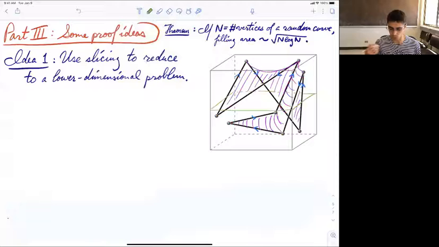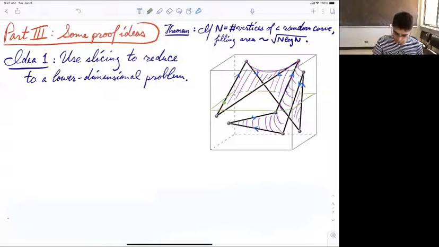First of all, if we look at the intersection of the curve with the slice, what is that going to look like? Well, it's a bunch of points, but more than that, the curve has a directionality to it, right? So sometimes it's going down through the slice and sometimes it's going up through the slice.